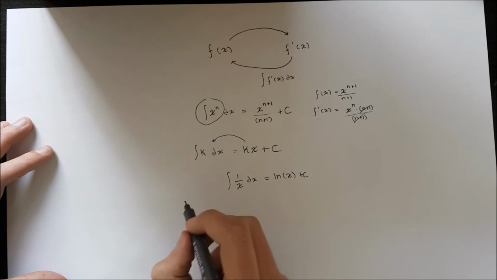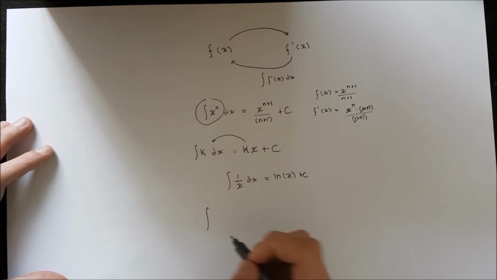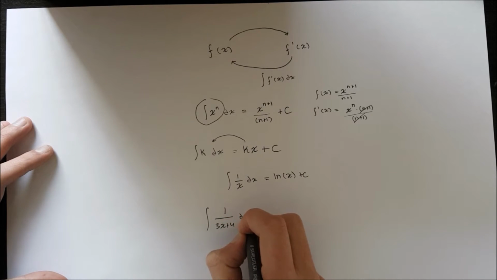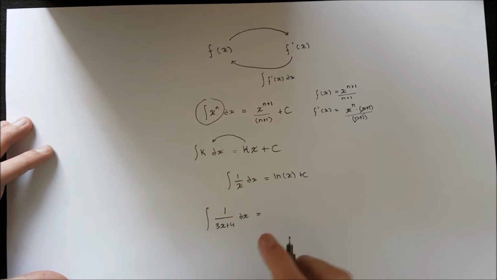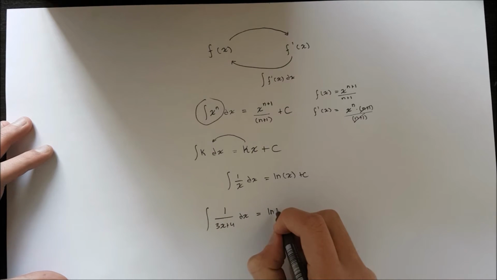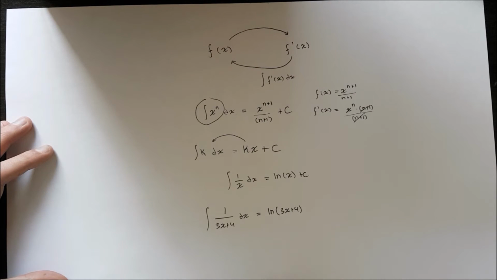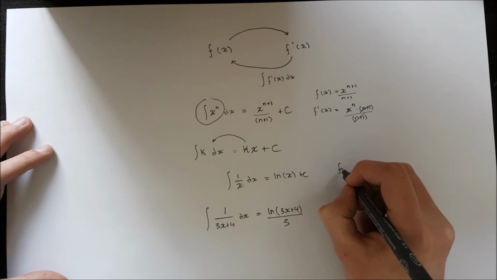For example, let's say we have the integral of 1 over 3x plus 4 dx. It's 1 over something, so I already know that it's going to be ln of 3x plus 4. However, if we take the derivative of this, it's still going to be multiplied by this 3, because of the chain rule again, like I discussed in an earlier video. So this has to be divided by 3. We can prove this again.